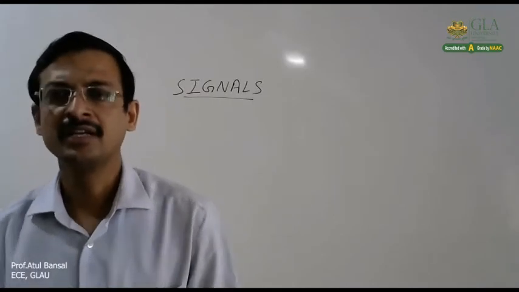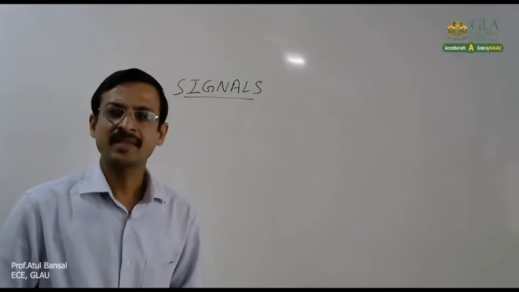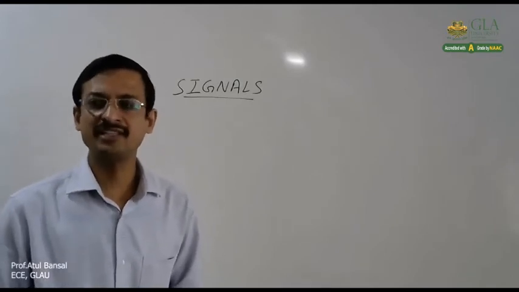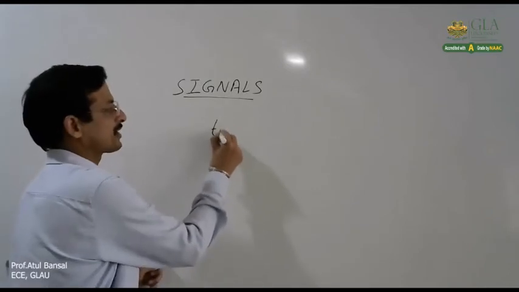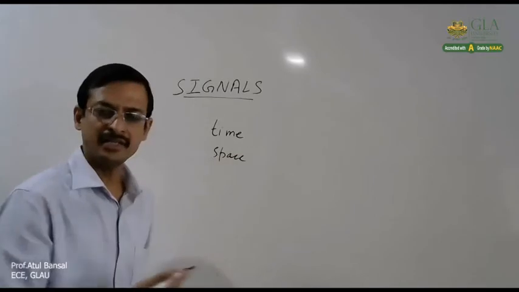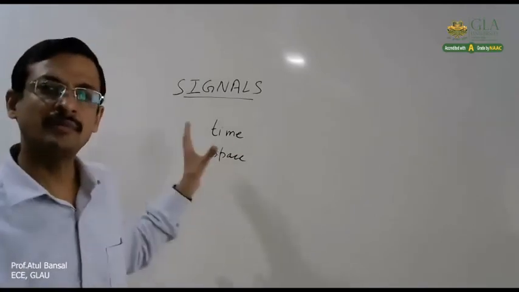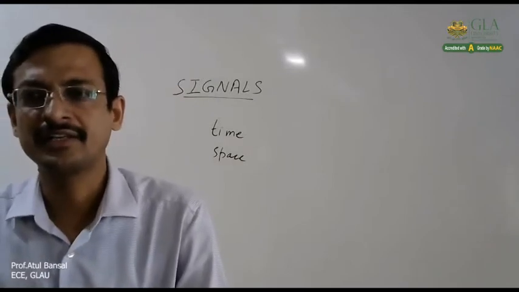That is the basic definition of a signal. Or we can also define the signal as any physical quantity that varies with respect to some independent variable, which may be time, space, or any other independent variable, or maybe a combination of these. Then that is known as the signal.